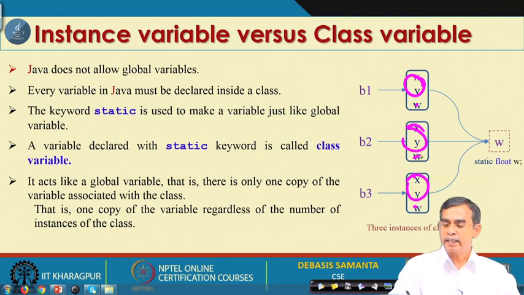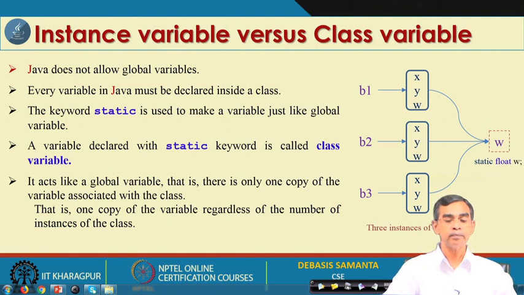This means that for all objects there is only one copy. W is shared among all 3 objects that we have created. So, if it is a class variable, that is a static variable, then it will have only one instance for all, that means it is shareable to all. So, this is the idea about instance variable versus class variable.